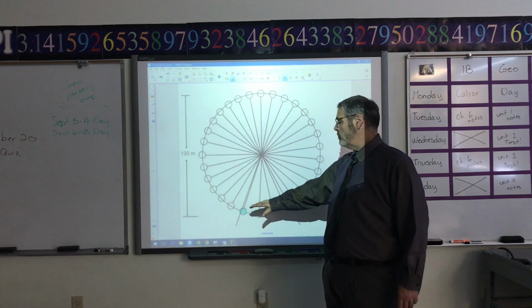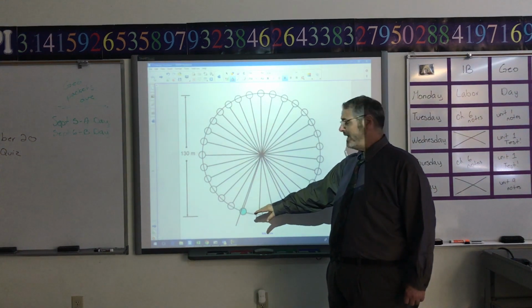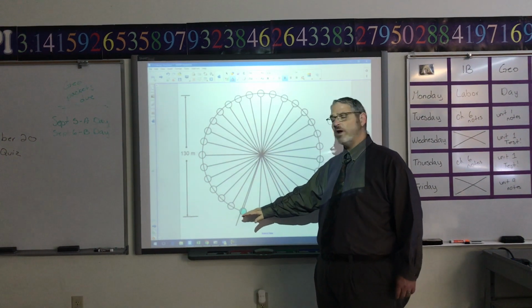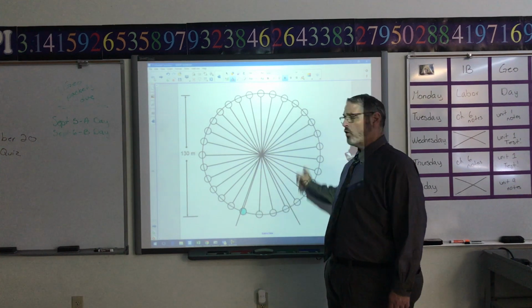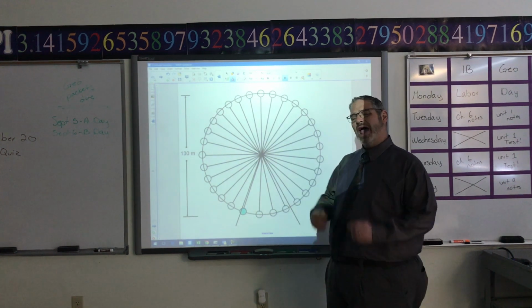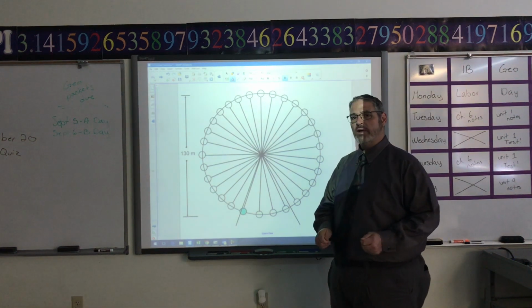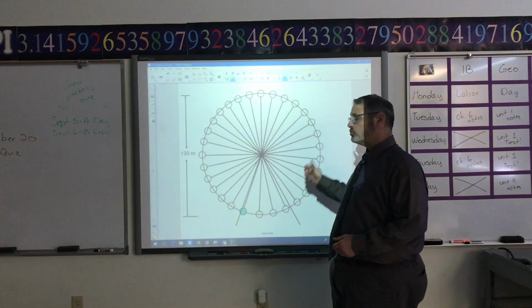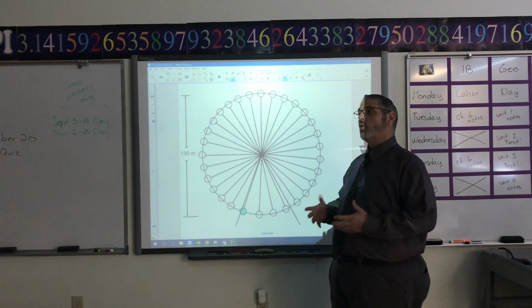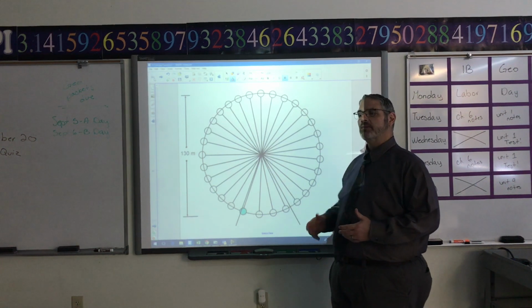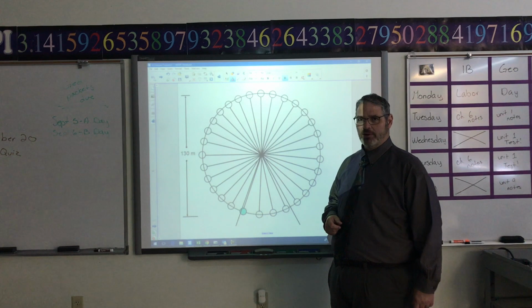In other words, you are going to graph your height from the platform of the Ferris wheel for one full revolution. What do you think that might look like? Do me a favor, stop the video now for a minute, try to figure out what that graph might look like, and write it down on your paper.